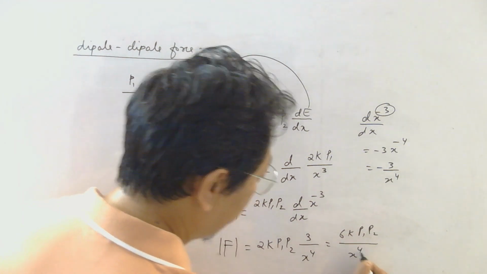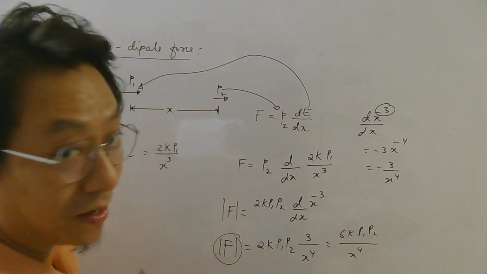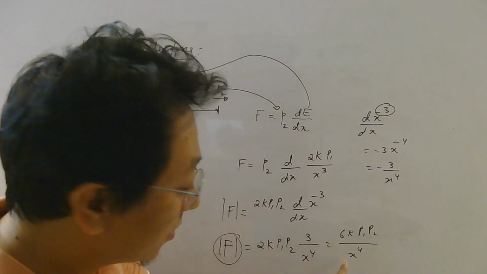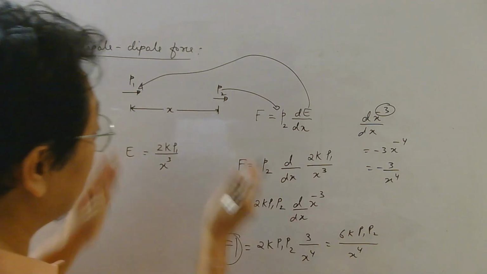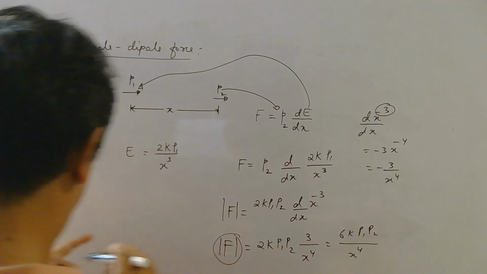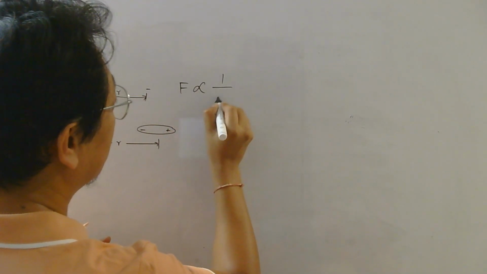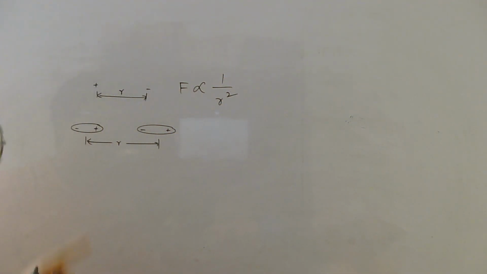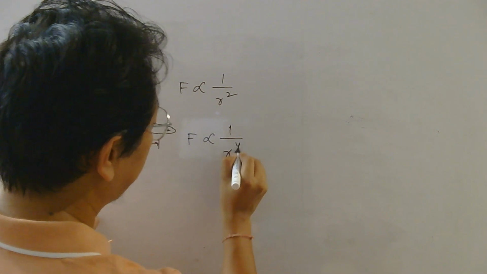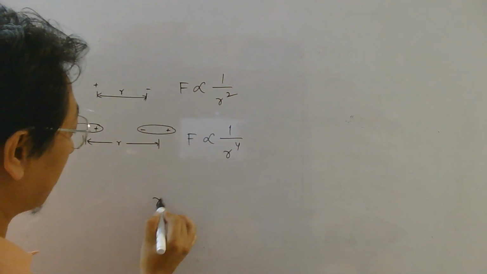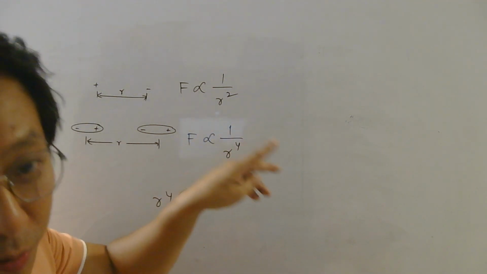So you can notice, students, that the force between the dipoles is inversely proportional not to distance square. It is inversely proportional to distance power 4. So for ions, the force was inversely proportional to distance square, and for dipole-dipole, the force is inversely proportional to distance power 4. And you know that r power 4 increases faster than r power 2, isn't it?